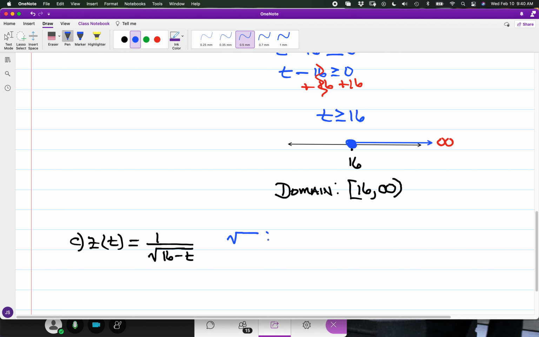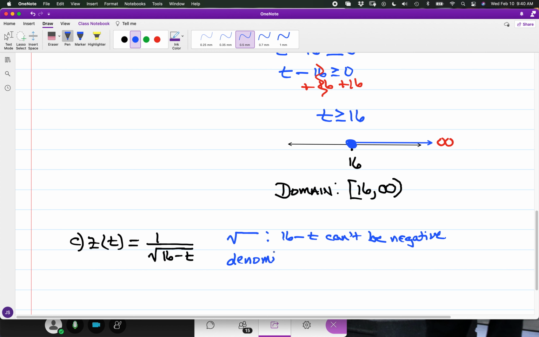Like from part A, you have 16 minus t within the square root, so again 16 minus t cannot be negative. And now 16 minus t is not only in the square root, it is also in the denominator of this particular function.